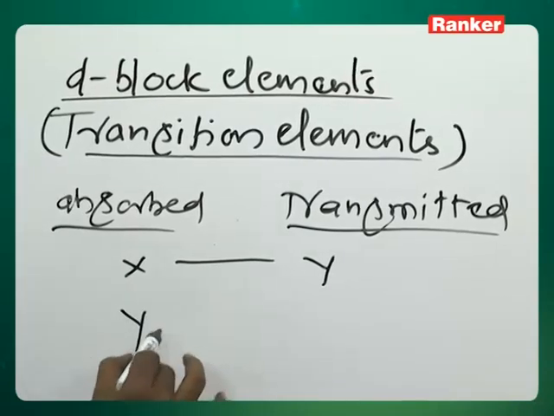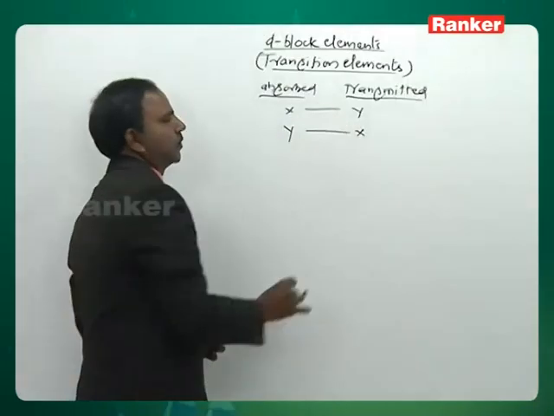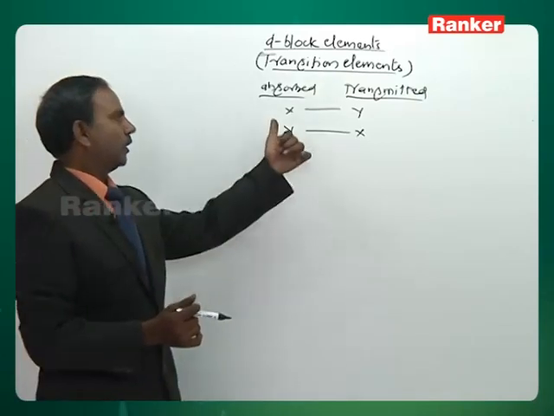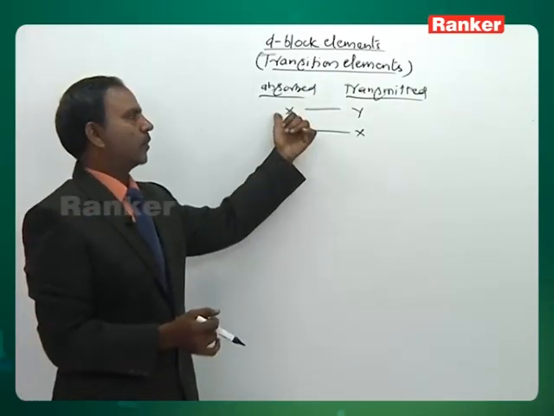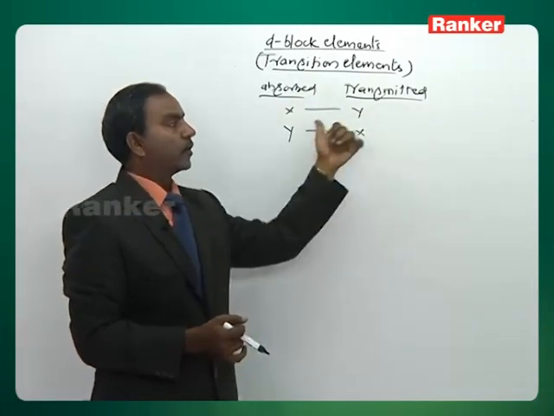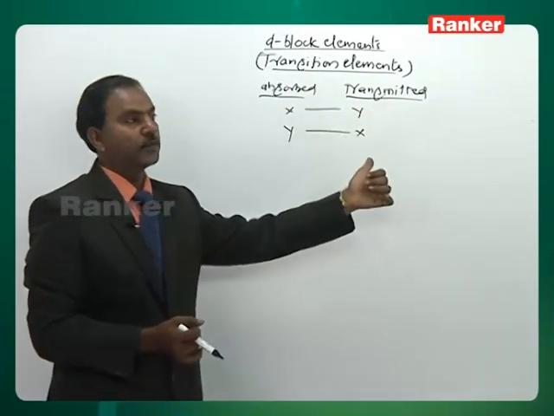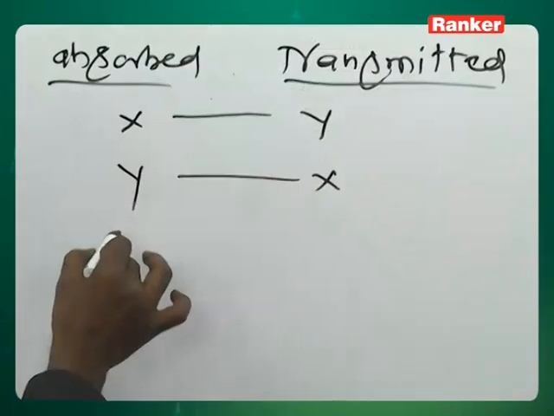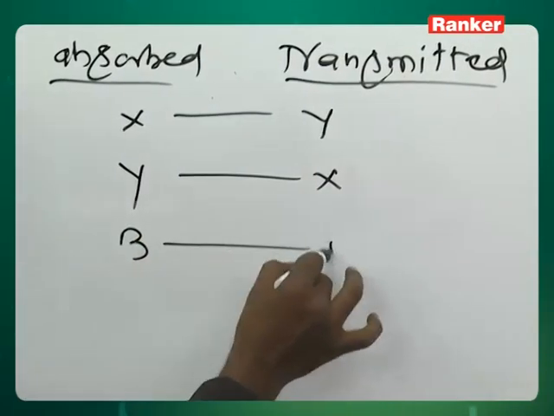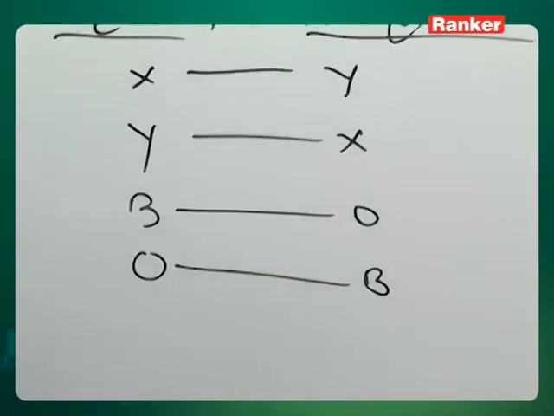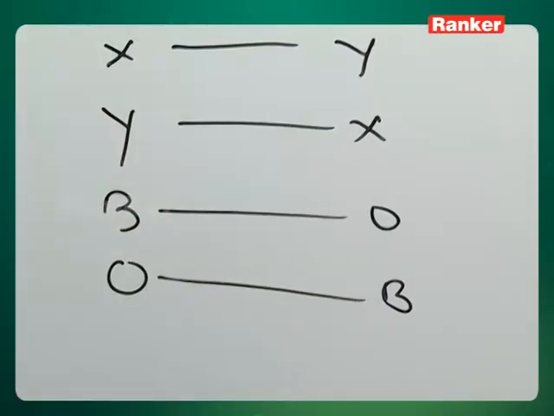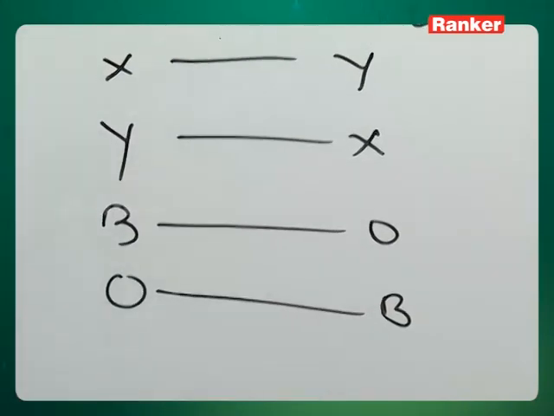Once Y color is absorbed, definitely it is transmitting X color only. Suppose blue color is absorbed, only orange is transmitted. If orange is absorbed, you can easily say blue is transmitted.